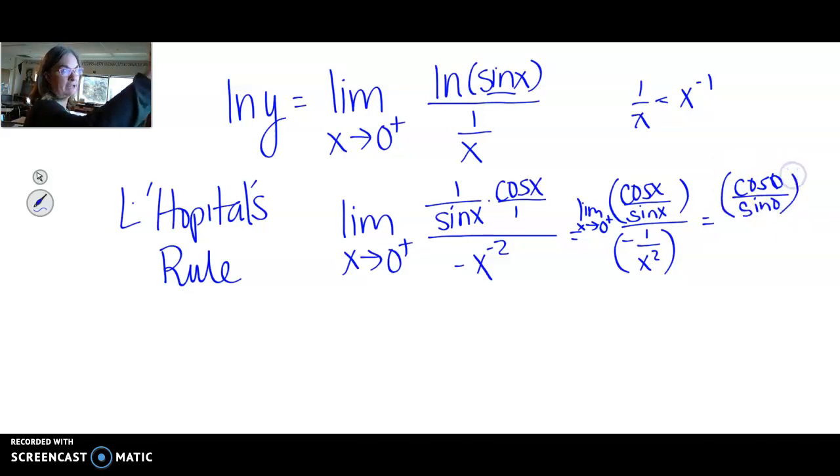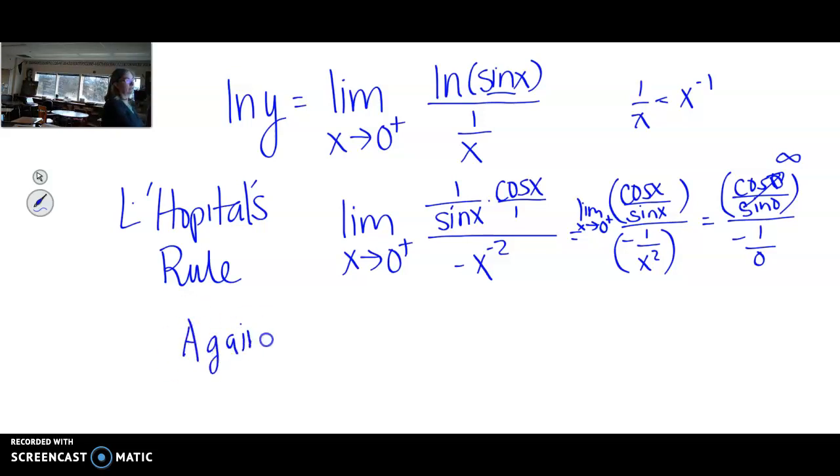If you take 1 and divide it by a number that's getting closer and closer to 0, this is going to go to infinity. And down here this is going to negative infinity. We have infinity over negative infinity. So now that means we have indeterminate form, and we're going to apply L'Hopital's rule again.